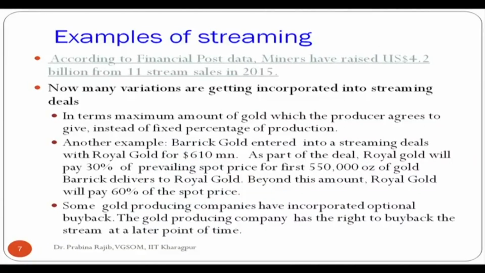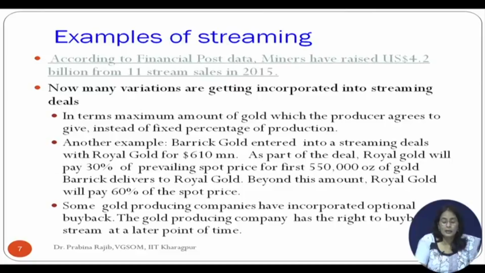Recall in case of the Mount Milligan mine, Royal Gold is going to pay 782 million upfront and is going to receive 52.25% of the total gold produced by Mount Milligan in return for $435 an ounce. But Barrick Gold has modified this streaming deal to its advantage. And what is the advantage?